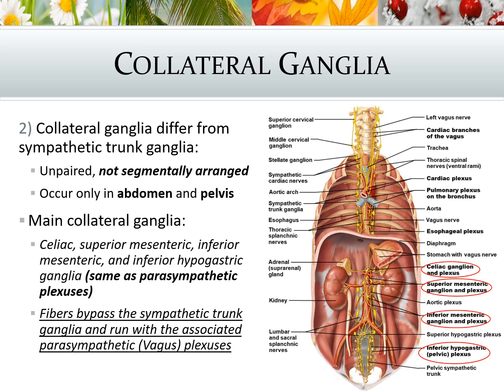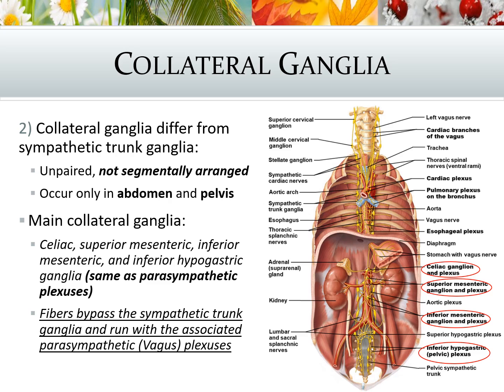We have these main collateral ganglia, and you don't need to memorize all their names, but if you notice, the names look very familiar because they're the same as the parasympathetic plexuses that we just talked about. Yes, we had some parasympathetic plexuses in the thorax, but they don't have the collateral ganglia up there, only in the abdomen and pelvis.